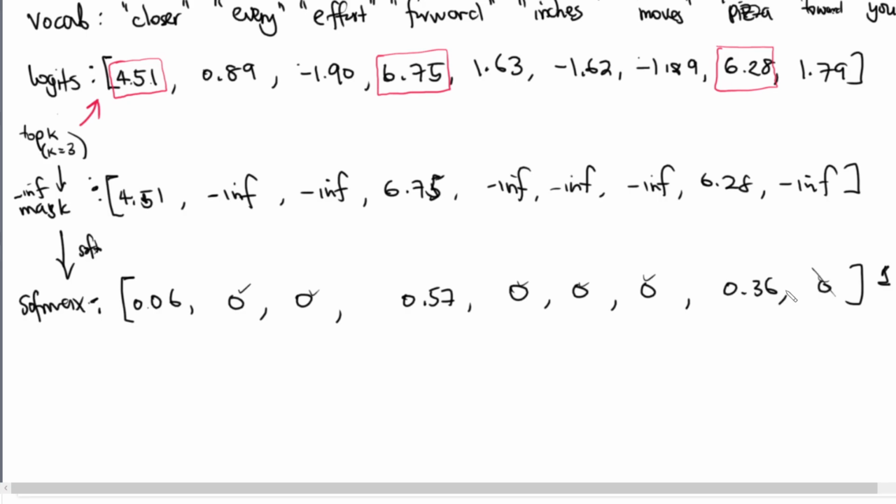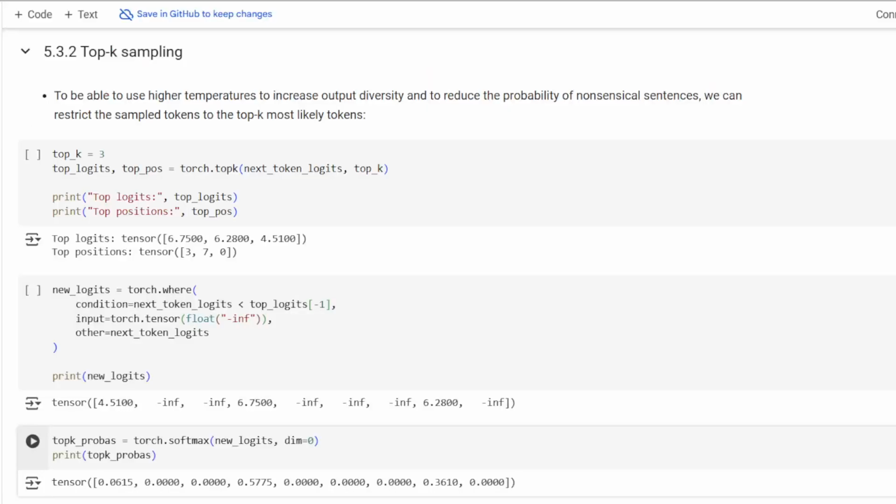We then apply whatever we are going to apply after this. But let's see this in code. So let's just quickly switch. Here we are using top K equal to 3. So we have our top logits and our top positions.